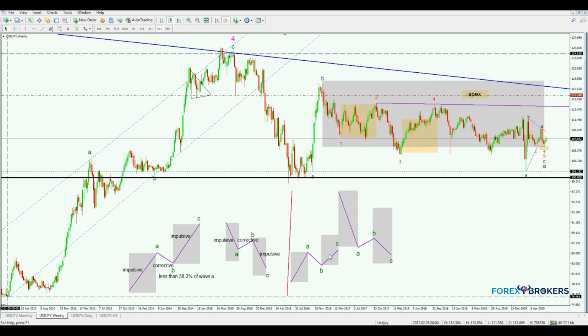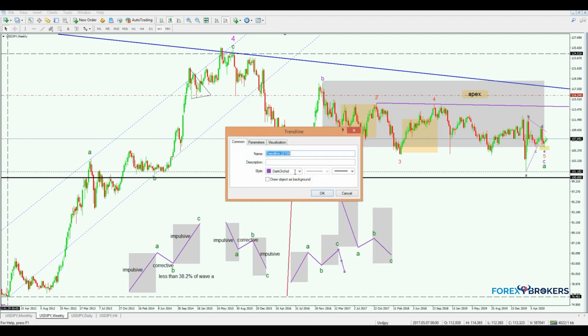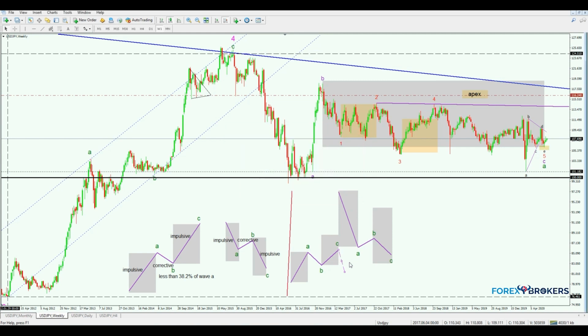A truncated zigzag is always followed by a minimum 80% retracement of the entire pattern. Often, and by often I mean look for 90% of the cases, or let's say very, very often, the market not only retraces 80% of the entire ABC, but often retraces 100% of the truncated zigzag.